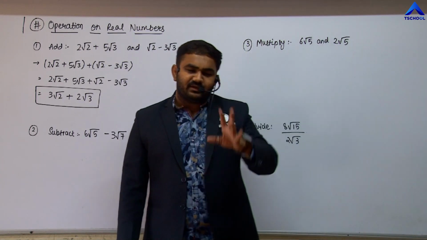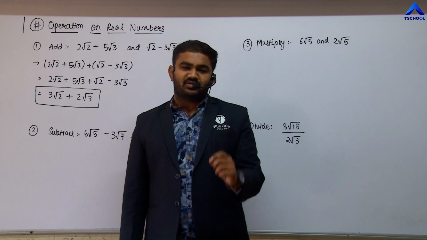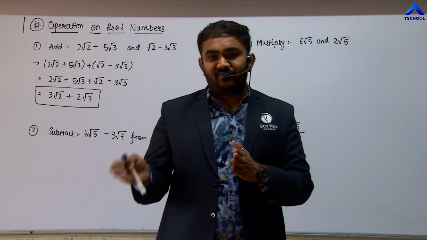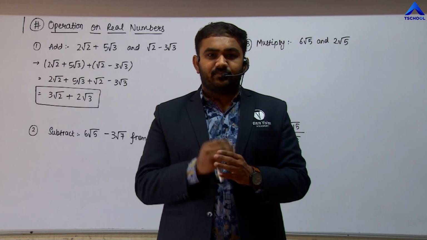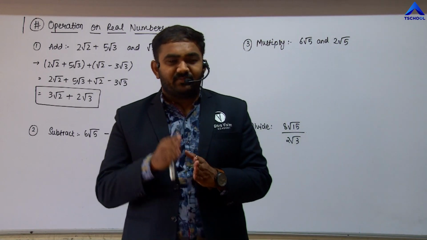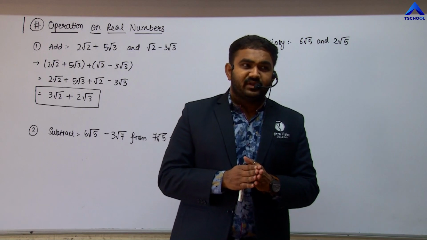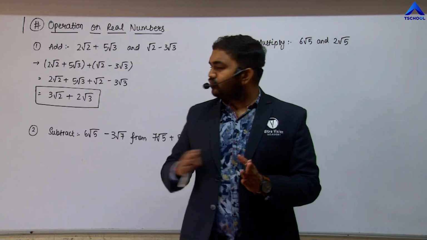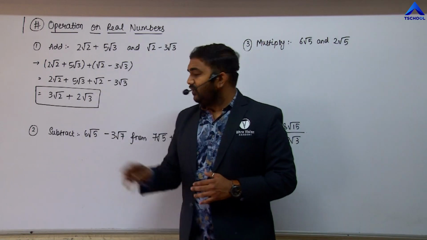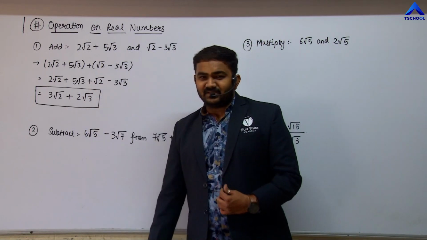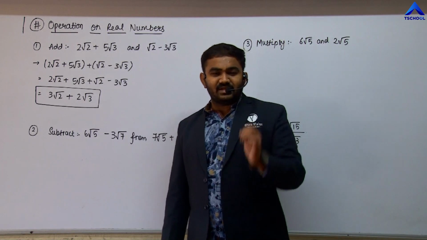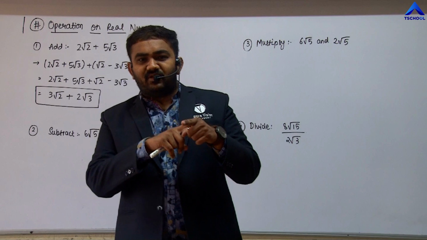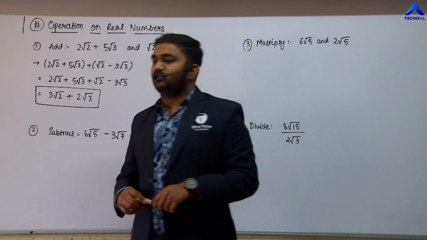So the conclusion is you are just going to add the numbers that are written in front of the irrational numbers. Suppose that we have written 2 root 2, that means there are 2 root 2's, and we get that 2 root 2's are to be added with this root 2. Here there is no number present with root 2, so we shall consider that as 1. So that is 2 root 2 plus 1 root 2, and that becomes 3 root 2.